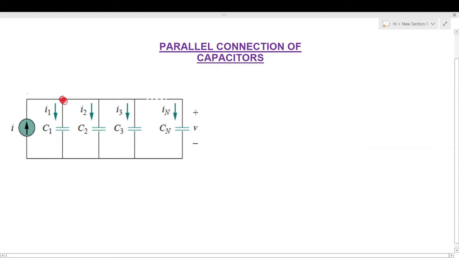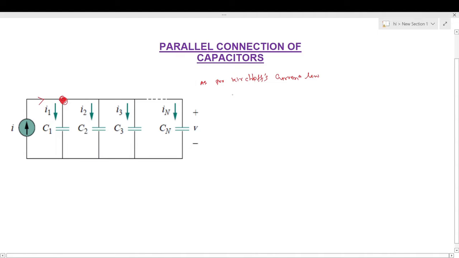The incoming current is I, that is, the direction of I is towards the node, and the currents I1, I2, I3 up to IN are outgoing currents, so the arrow is downwards. Applying Kirchhoff's current law, the incoming current can be written as positive and outgoing currents can be written as negative.